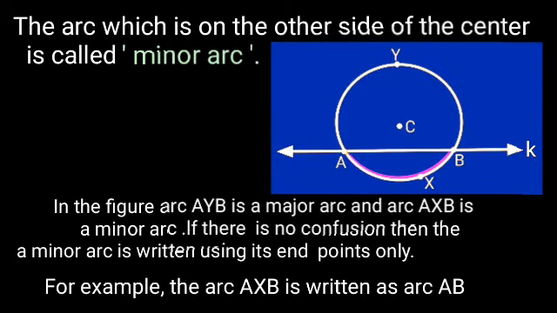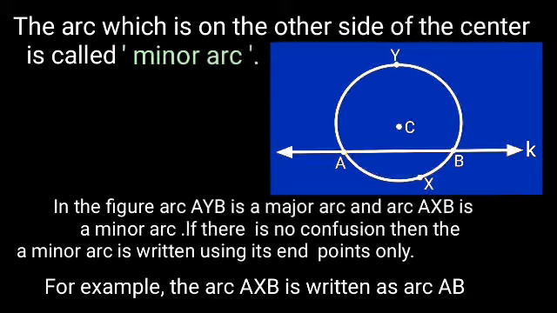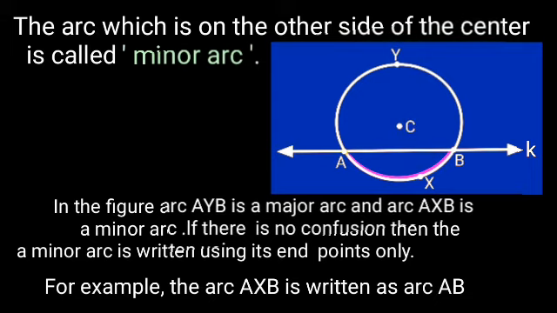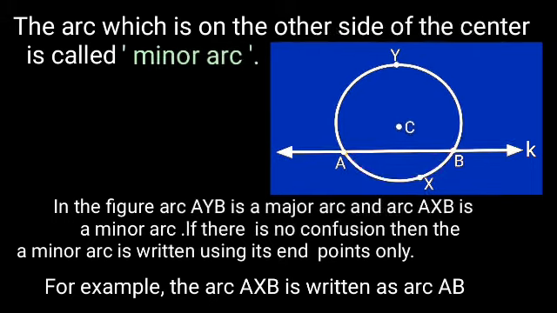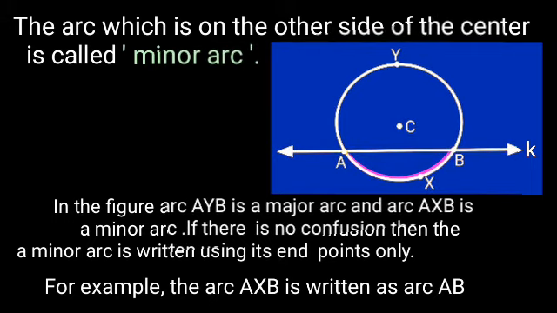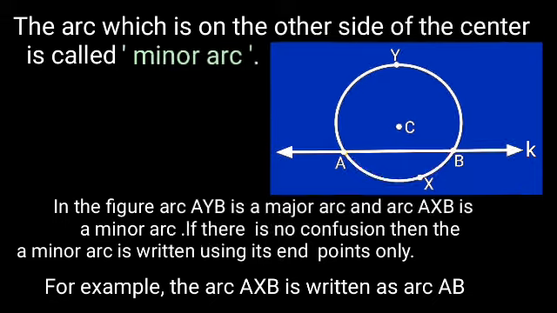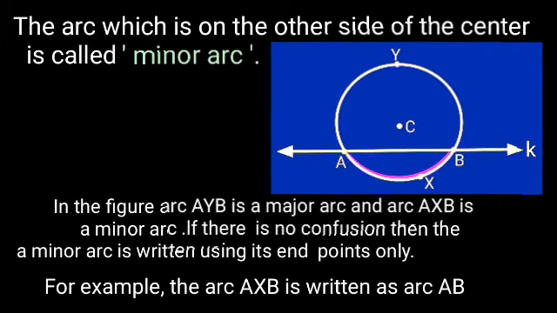The arc which is on the other side of the center is called minor arc. In the figure, arc AYB is a major arc and arc AXB is a minor arc.